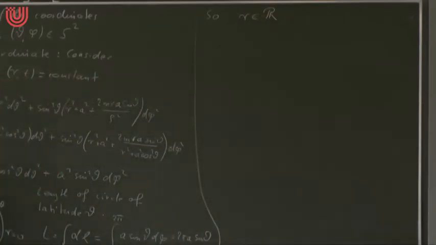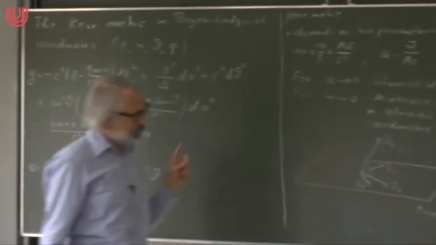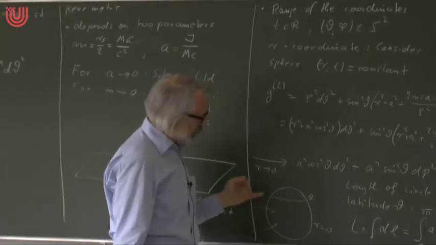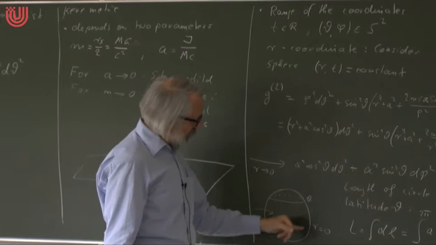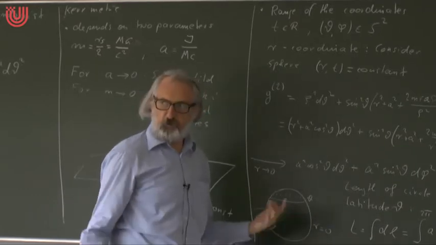Well, there's one thing, of course, we have to make sure. I've just looked at this angular part, and I've discussed only the metric of the angular part. Of course, we have to make sure that the other metric coefficients do not play some tricks on us on the sphere. So, for instance, if the other metric coefficients would produce a curvature singularity on the whole sphere, then of course we couldn't cross it.